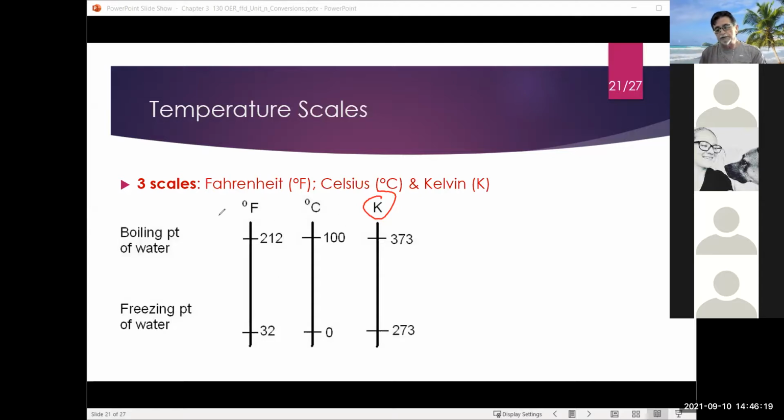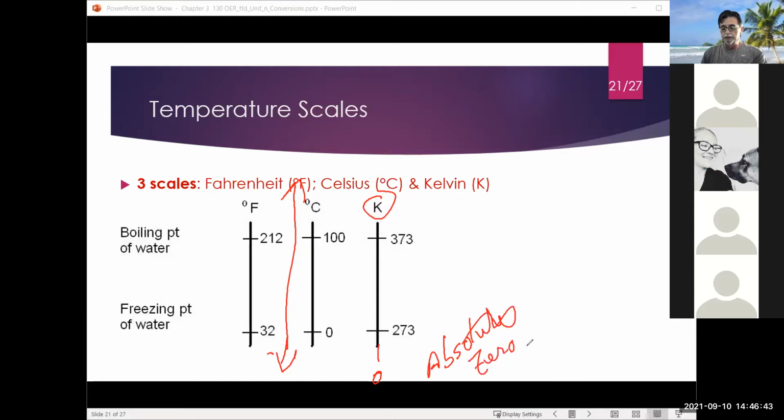Now, the thing about the first 2 scales, these scales go to infinity in the positive direction and in the negative direction, both the Fahrenheit and the centigrade. The Kelvin does not. Kelvin stops at 0, someplace down here. This is absolute 0.